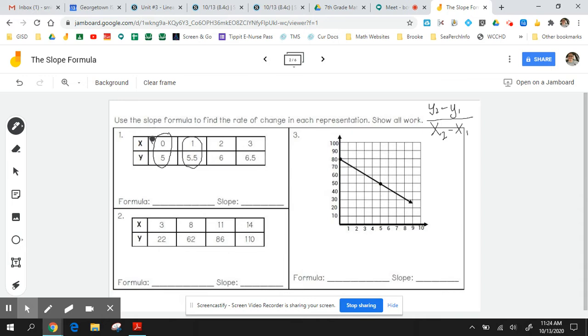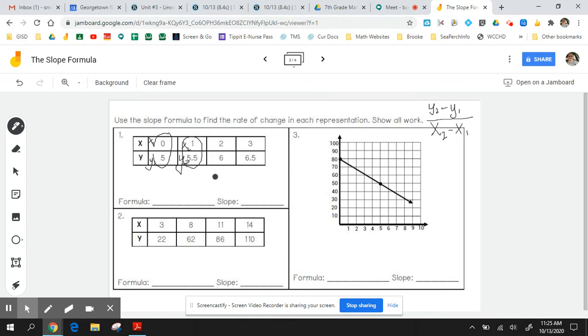So if you want me to, I can label x1. Oop, did not mean to put that line there. And here is our y1. And here's our x2 and our y2.